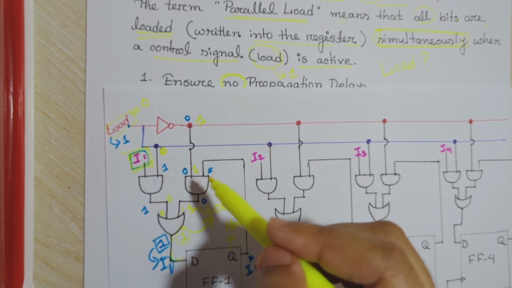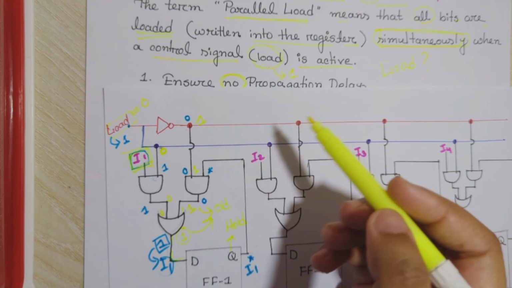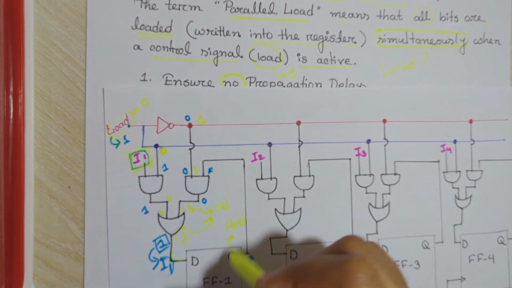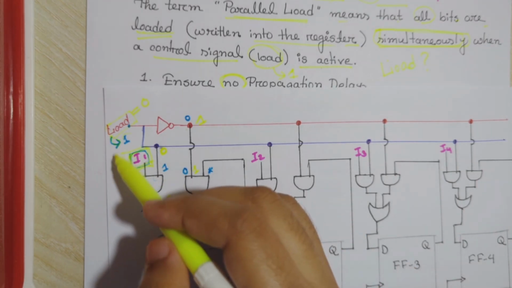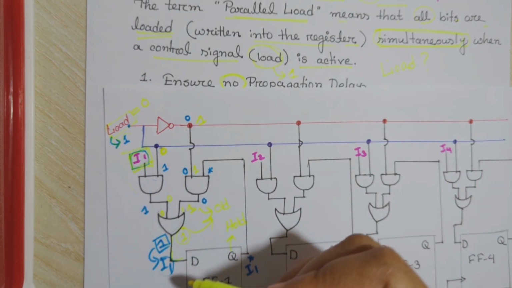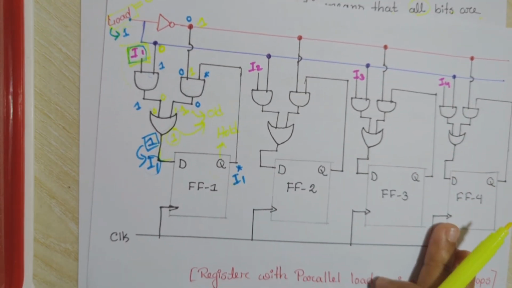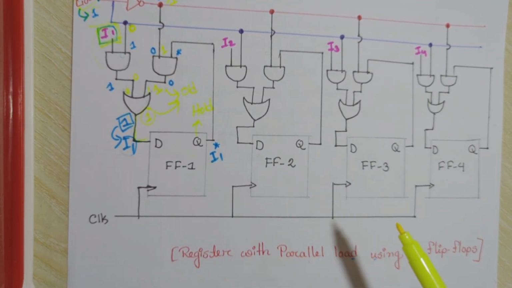And if we want to load our register with the new data, then we set the load as 1, then it will ignore the old or previous data, it will take the new data and be loaded with it. This is how all the 4 flip-flops work.